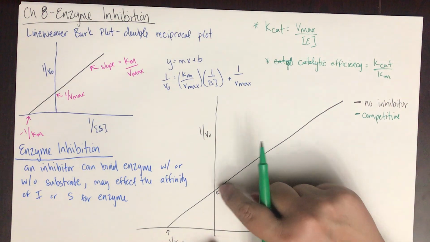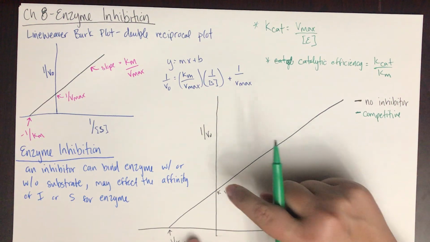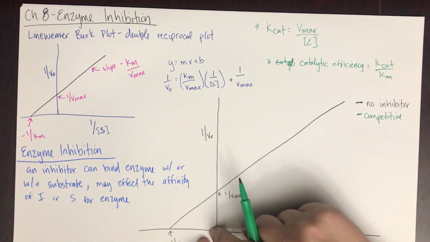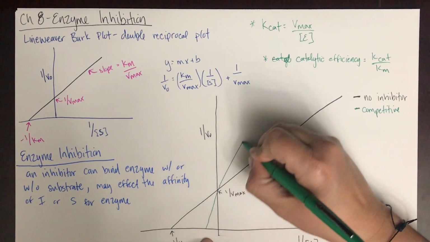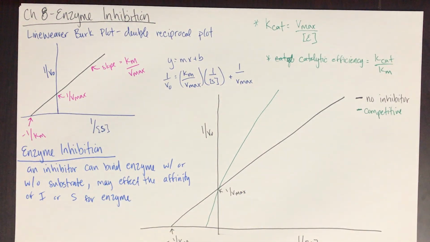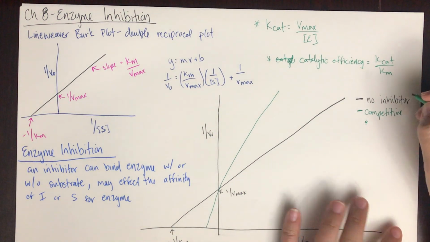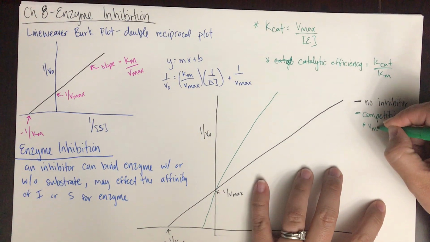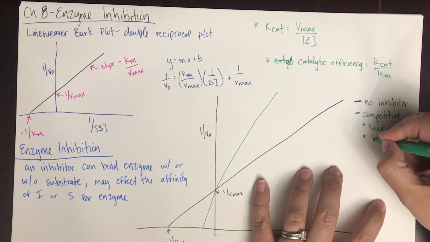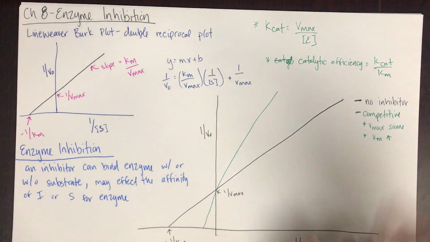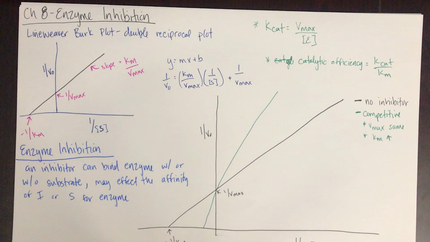So the competitive inhibitor does not affect the Vmax. It does increase the Km. So competitive inhibitor: the Vmax is the same, Km is increased. And remember what we said last time: an increased Km means a decreased affinity between the substrate and the enzyme.